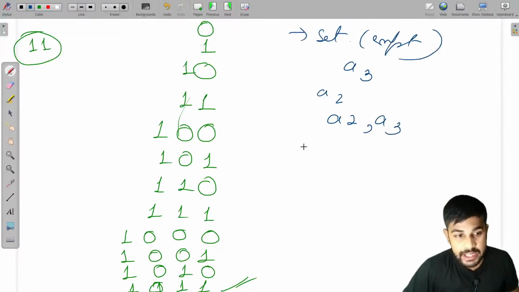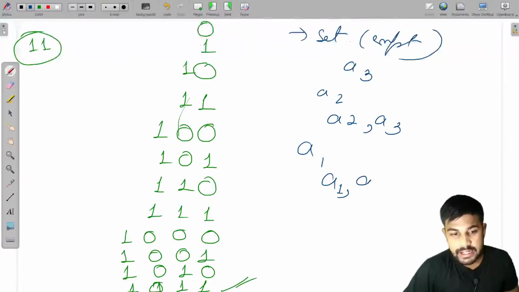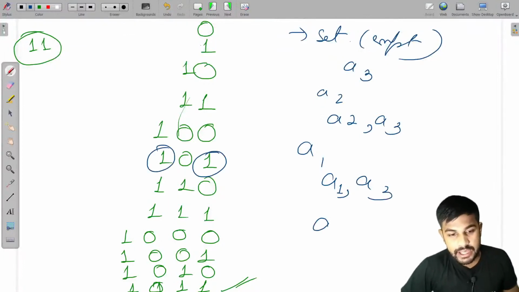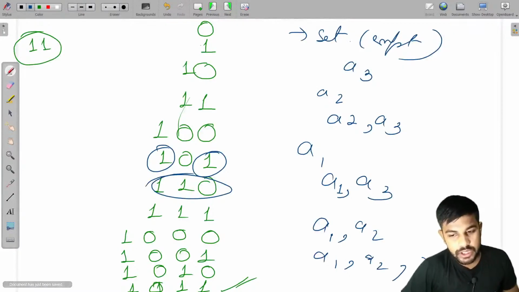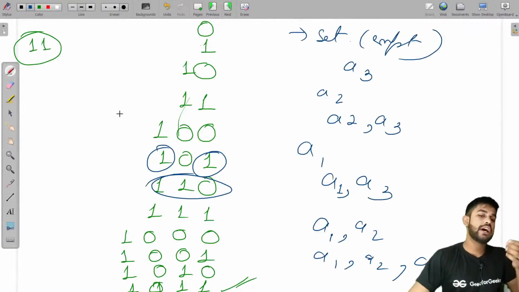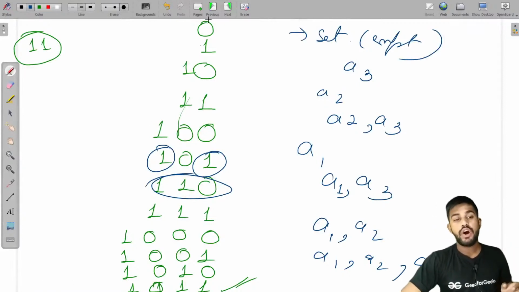Then we have A1, and then A1 with A3, and again I can write A1 and A2. And I can write A1, A2 and A3. These are all the possible combinations of this.